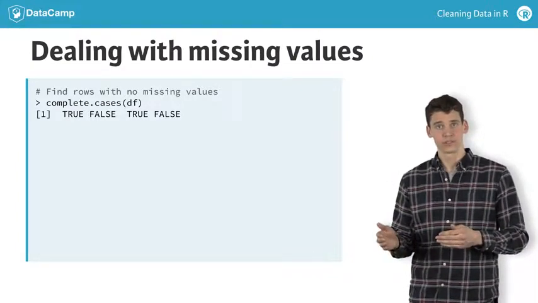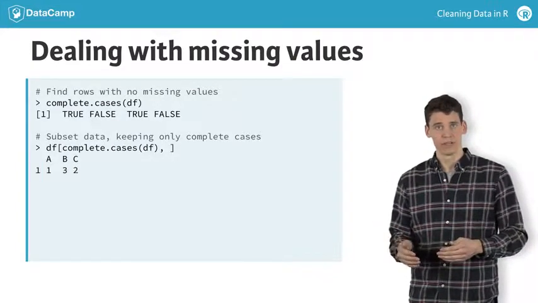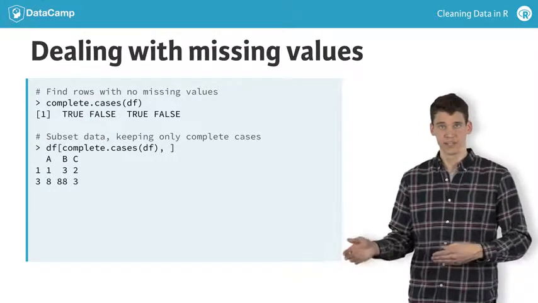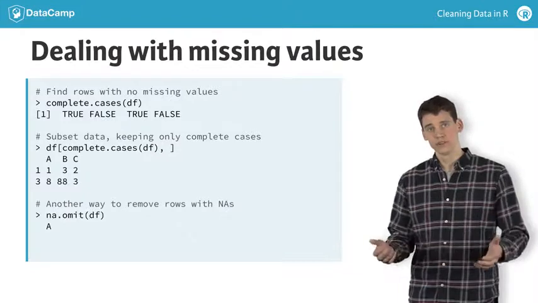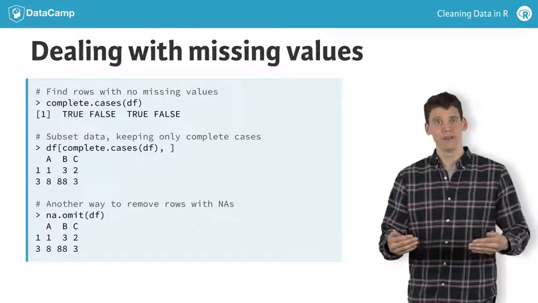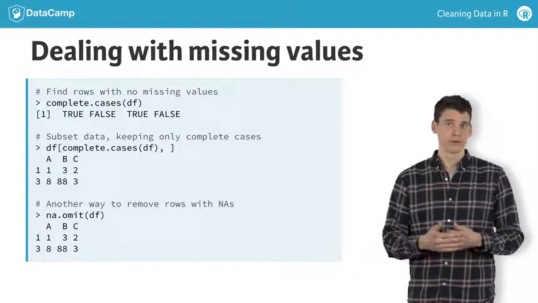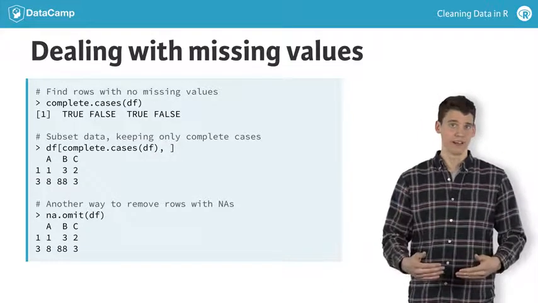This vector can be used to subset the original data frame, keeping only rows with no missing values, as displayed here. Alternatively, the na.omit function does both steps in one by automatically removing any rows with missing values.